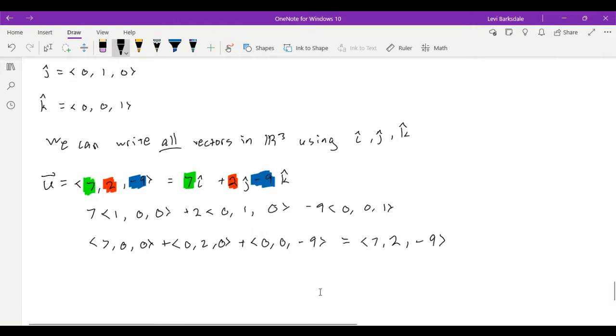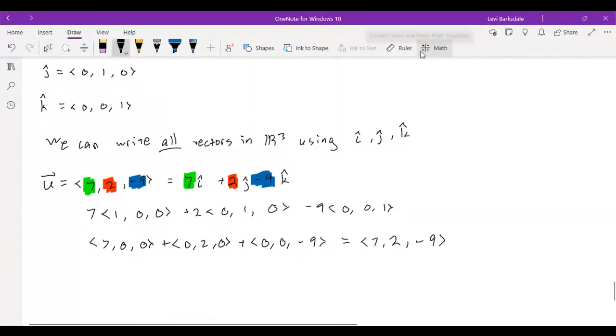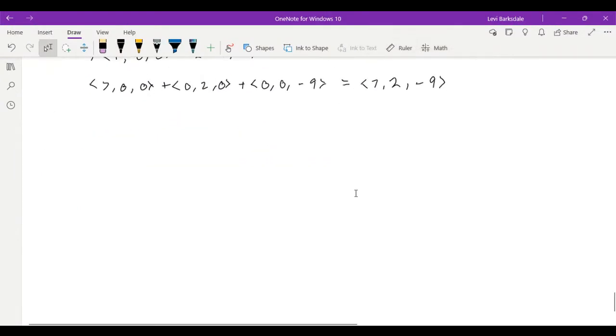All right, the last thing we're going to talk about is unit vectors. A unit vector is any vector with length 1. We like these vectors because when we have a length of 1, it doesn't really change the length of anything.